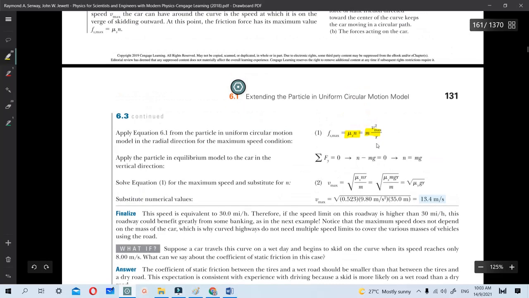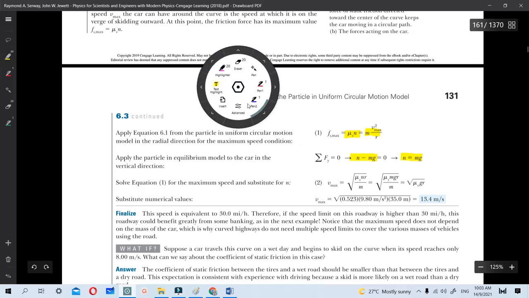From the Y component, since it's on a flat surface, the value of the normal force N is mg. In fact, even if you do not show it, you can go straight to the idea that normal is mg. So you don't need to start from here. It's enough, and then you substitute the value of N into the expression.